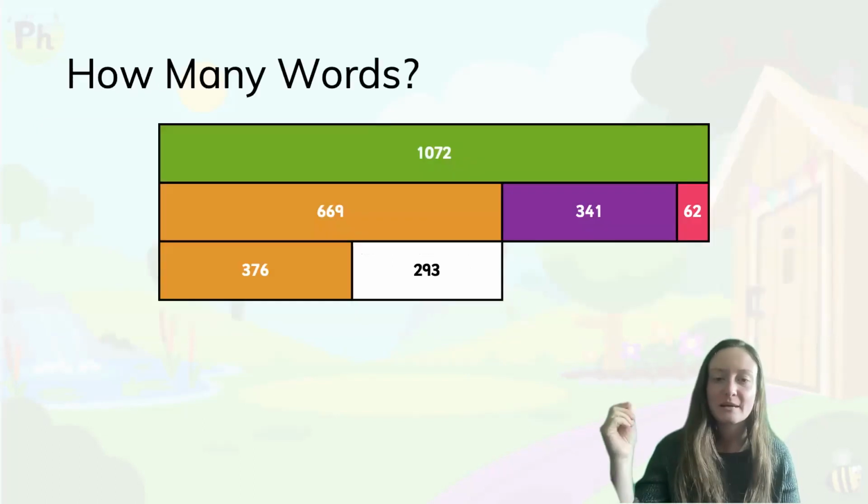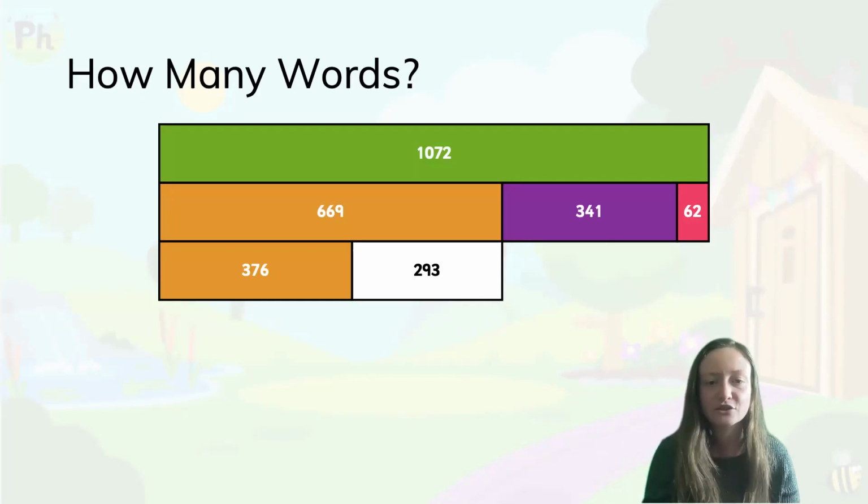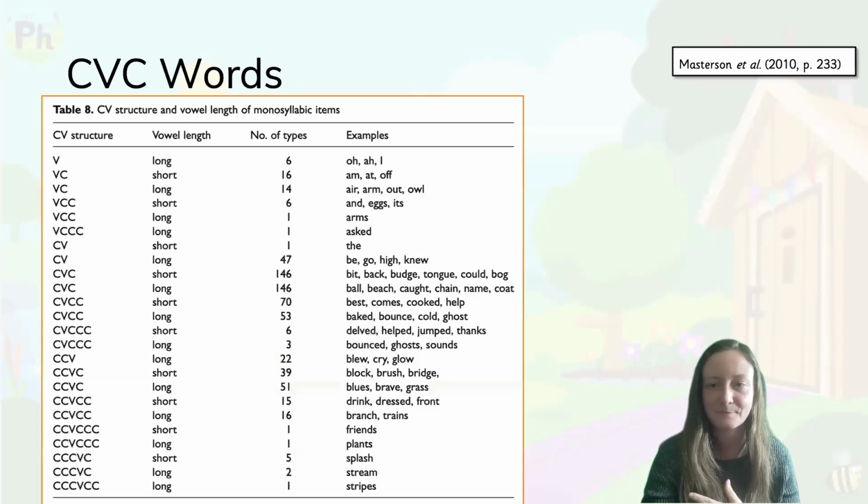So yeah, we're talking about just those 1 syllable words. That's the orange chunk here, 669 1 syllable words. And 376 of those did not have consonant blends in, but 293 did have consonant blends in. So they automatically can't read those already.